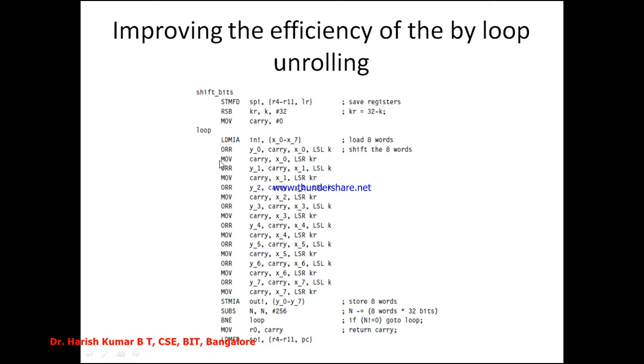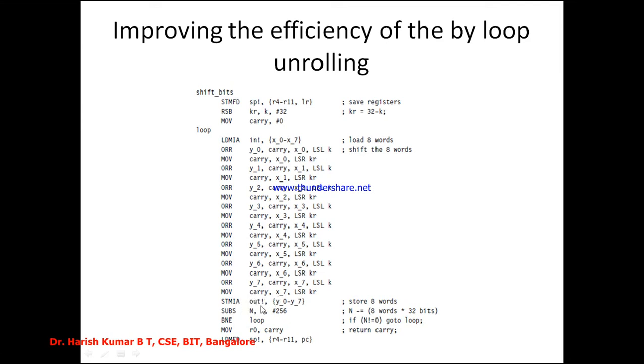For 8 words. This is the OR and move for the first word, this is the OR and move for the second word, the third, 4, 5, 6, 7 and 8. So totally it's doing it for the 8 words. And then finally STMIA out, y0. I'm just storing it back to the memory location.